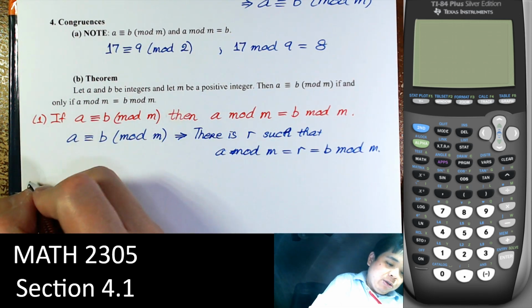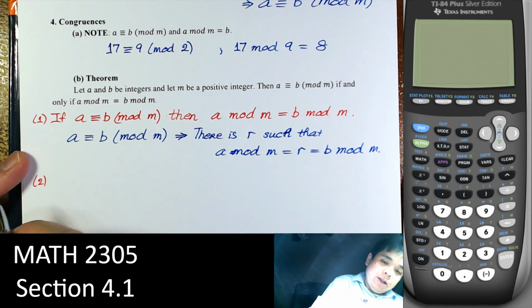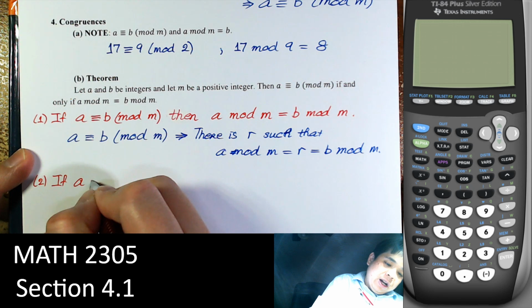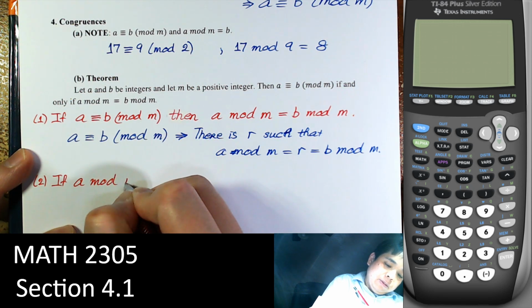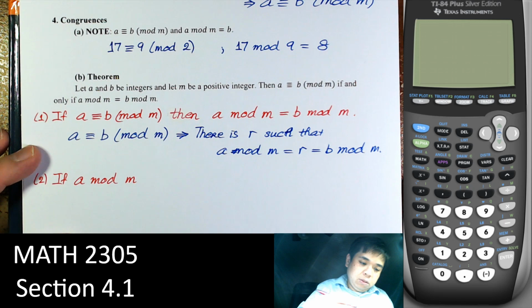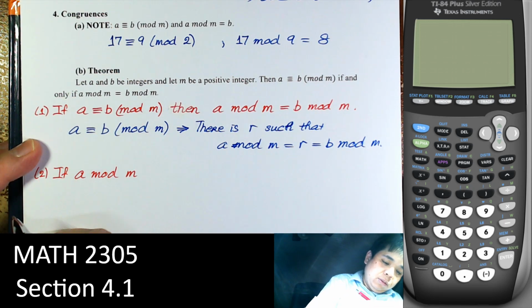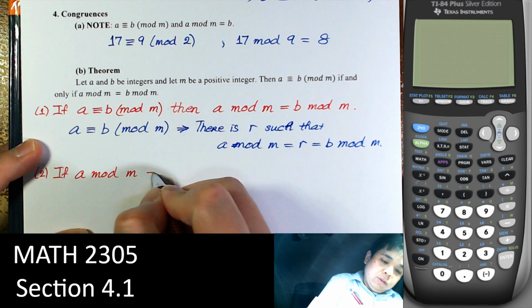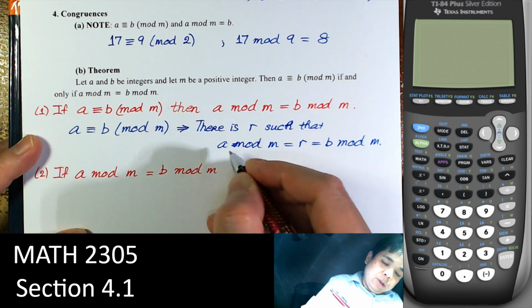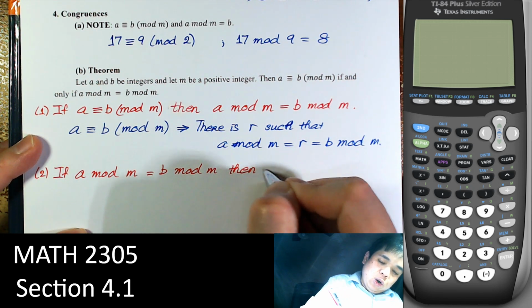Now the other way around, if the remainders are the same, then they are congruent.